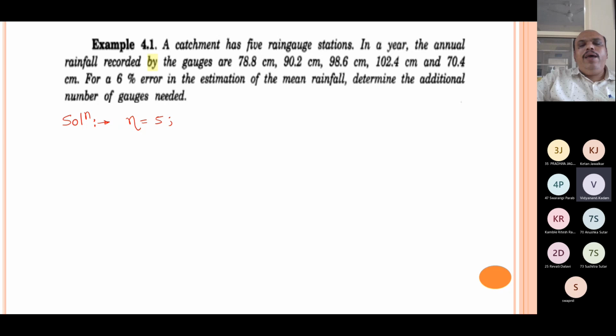In a year, the annual rainfall recorded by the gauges are 78.8 centimeter, 90.2 centimeter, 98.6 centimeter, 102.4 centimeter, and 70.4 centimeter.